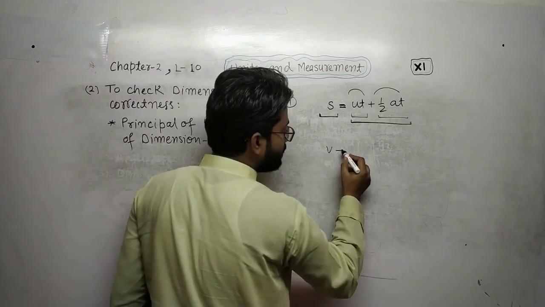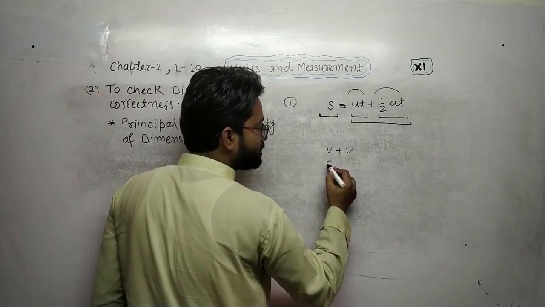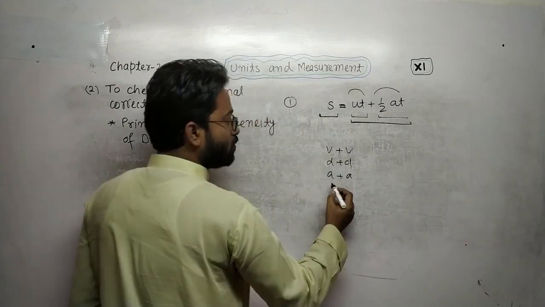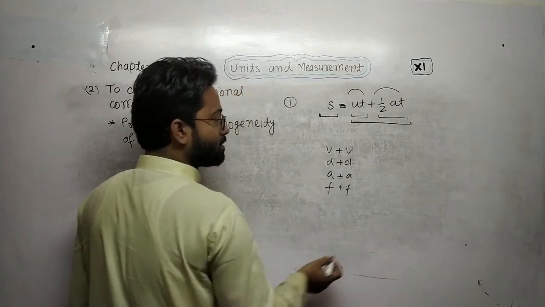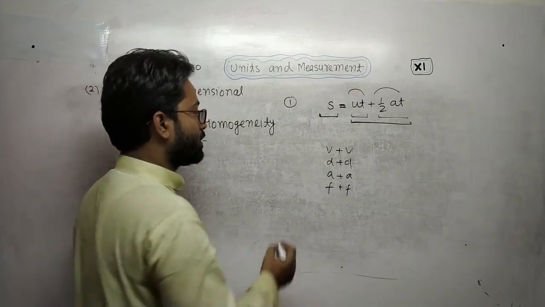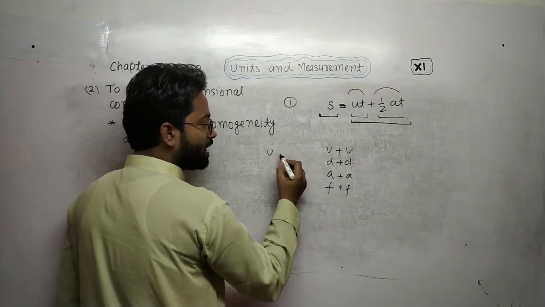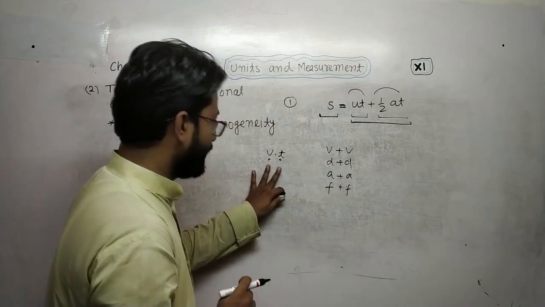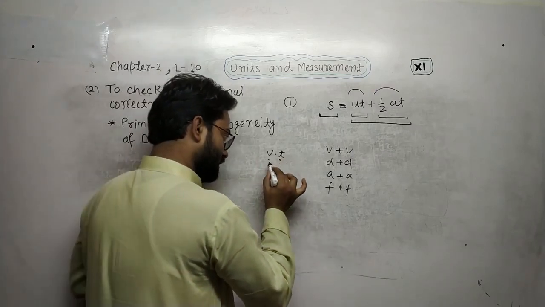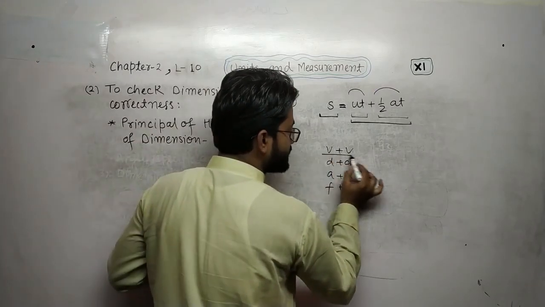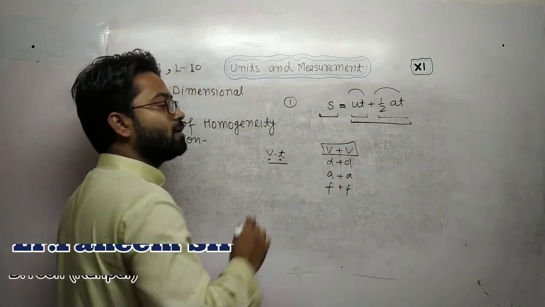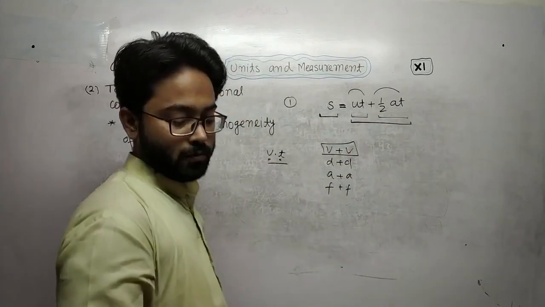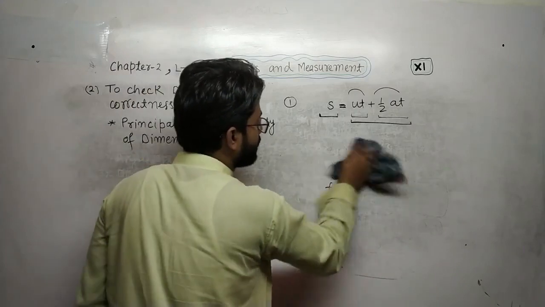Velocity will be added with velocity, displacement with displacement, acceleration with acceleration, force with force, or subtracted. Two different types of quantity, like velocity and time, may be multiplied. Two different types of quantity we can multiply, but only the same type of quantity we will add or subtract, or have on both sides of the equal sign. Hope you are getting it.